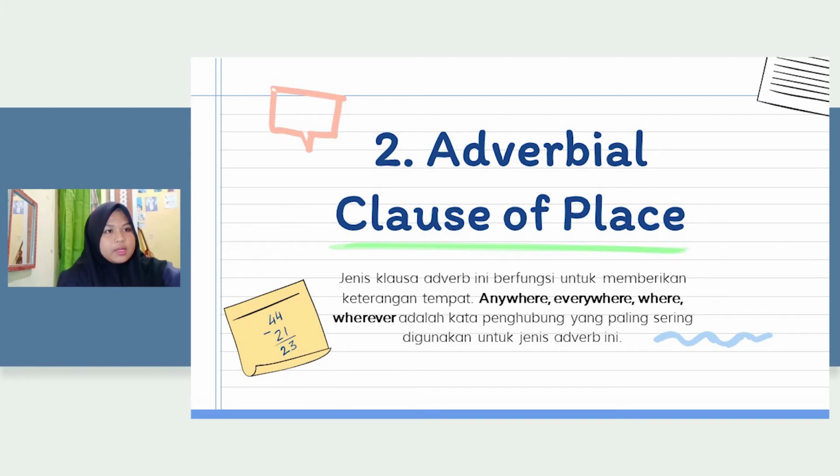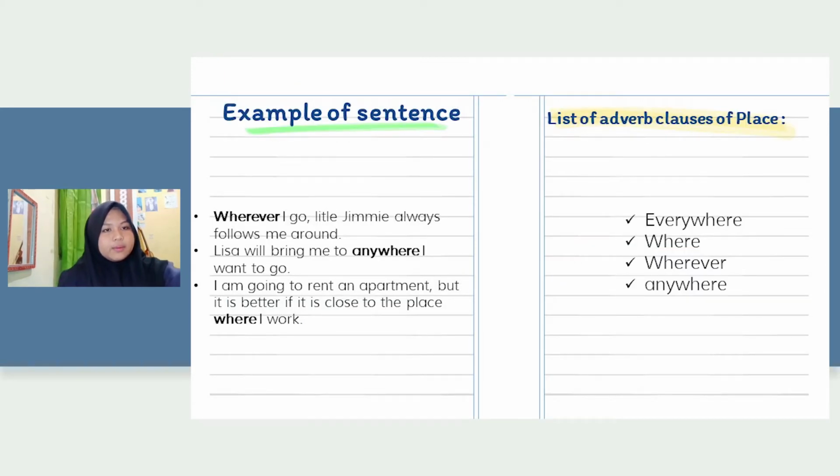Examples of sentences using the adverbial clause of place. 1. Wherever I go, little Jimmy always follows me around. 2. Lisa will bring me to anywhere I want to go. And 3. I'm going to rent an apartment, but it's better if it's close to the place where I work.